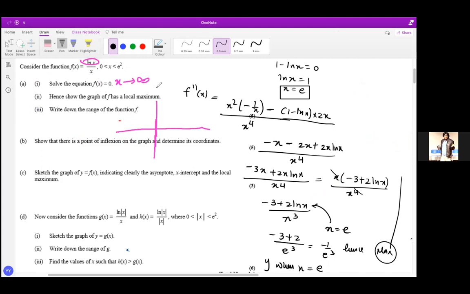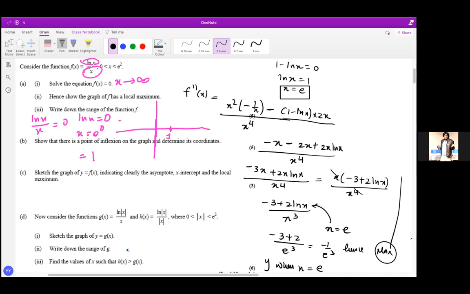If I roughly sketch this graph, I don't have enough information yet, but if I find the root, ln x upon x equals 0, I get ln x as 0, so x is e to the power 0, which is 1. So this is the point where it crosses.